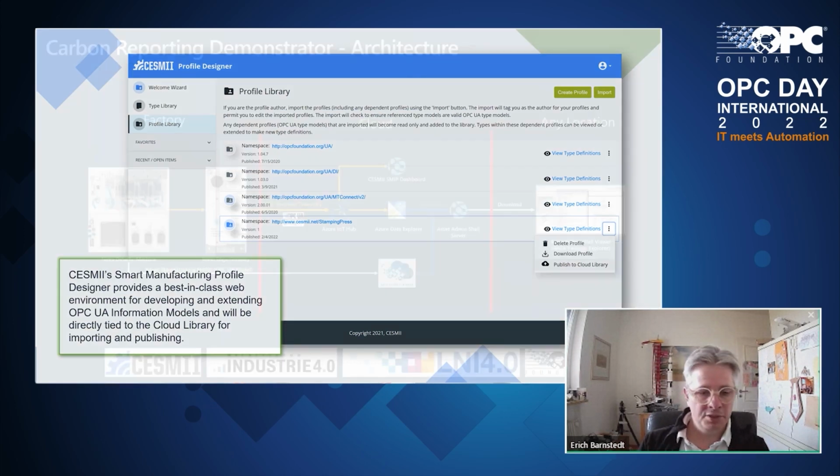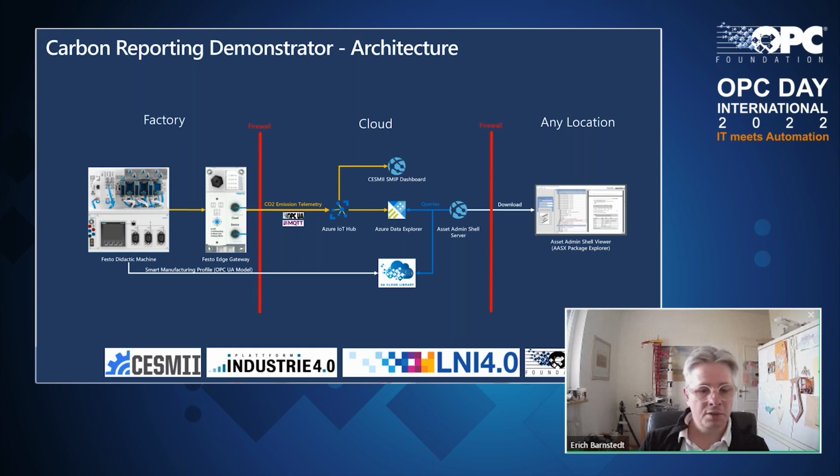I already mentioned in the previous talk that we built a carbon reporting demonstrator, also leveraging the UA CloudLibrary. This is quite important because it's a great way to look up additional data from the assets manufacturing a product, which you need to calculate your carbon footprint. Most of the time it's energy data that you want.